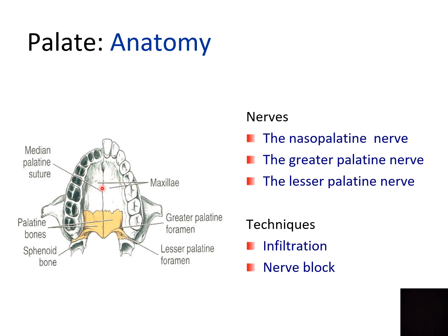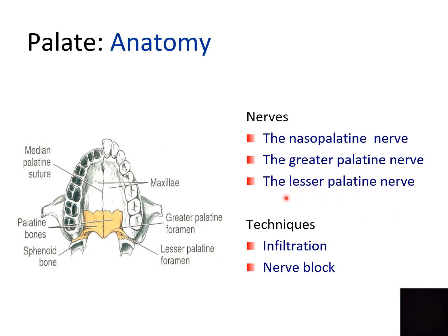Anteriorly, you've got the incisive branch of the maxillary nerve through the pterygopalatine ganglion, and posteriorly you've got the greater palatine branch of the maxillary through the pterygopalatine ganglion. The soft palate is supplied by the lesser palatine nerves, again branches of the maxillary through the pterygopalatine ganglion.